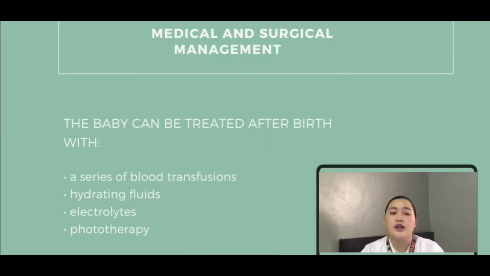For the management, the treatment focuses on preventing the effects of the incompatibility, usually in the baby. The baby can be treated after birth with a series of blood transfusions, hydrating fluids, electrolytes, which are elements that regulate the metabolism, and phototherapy.